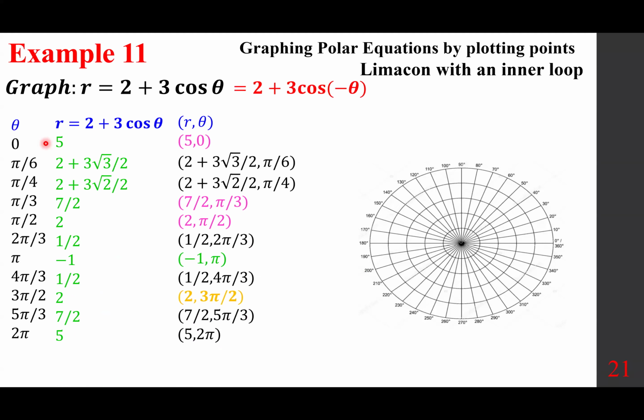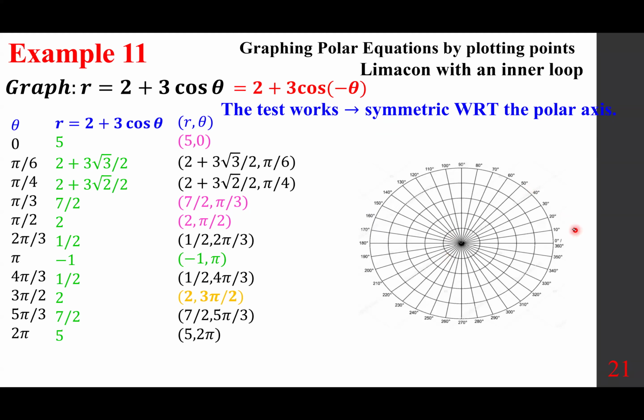As I mentioned, when you change theta to minus theta, nothing happens. So that means it's symmetric with respect to the polar axis. So you have the top half and the bottom half is identical to that.